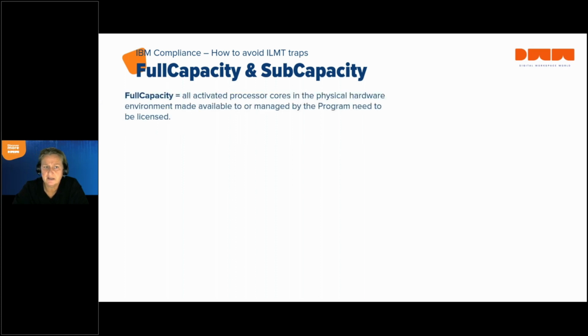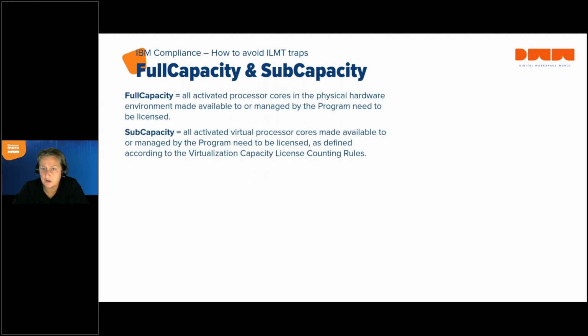Speaking of full capacity and subcapacity now, to bring a little light in here for the ones not that familiar with the terms: full capacity basically means you take a look into the scope on how to calculate the required licenses or PVUs, for example. So full capacity means all activated processor cores are taken into account, which is really cool that it's only the activated processor cores.